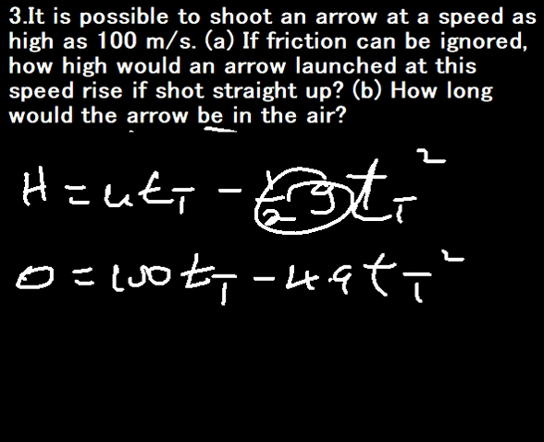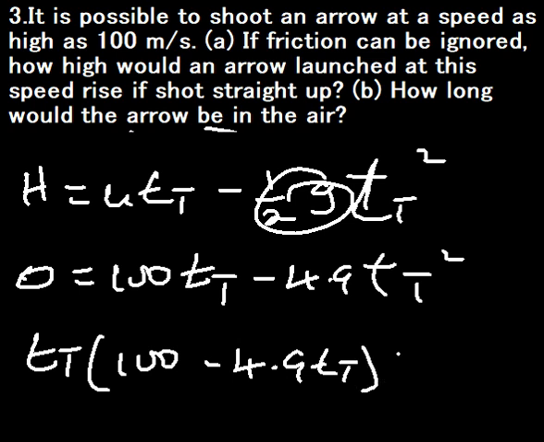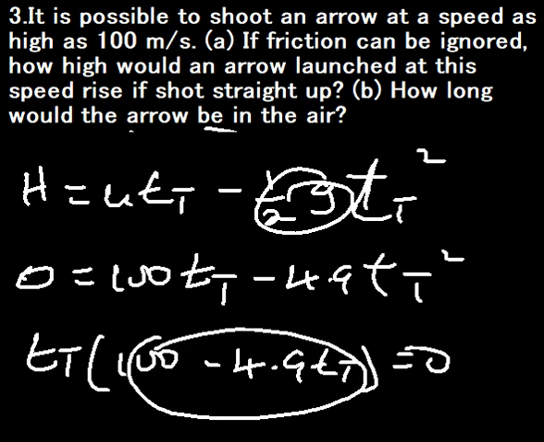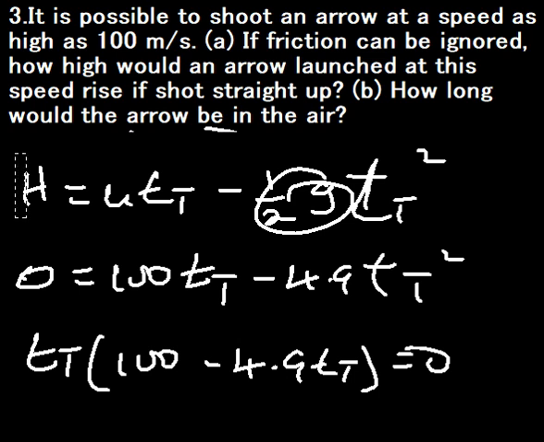So now we have d total times 100 minus 4.9 d total is equal to 0. Which means we have this factor equal to 0 for us to be able to solve for t.